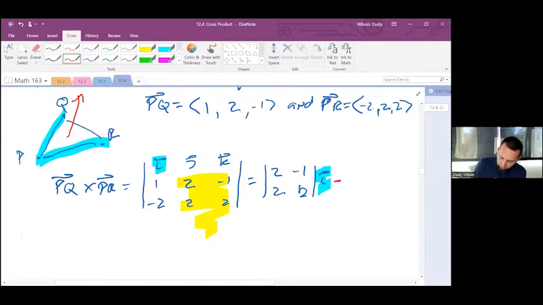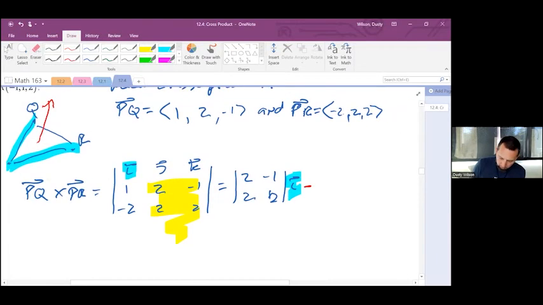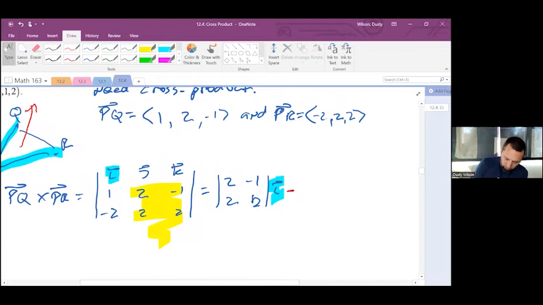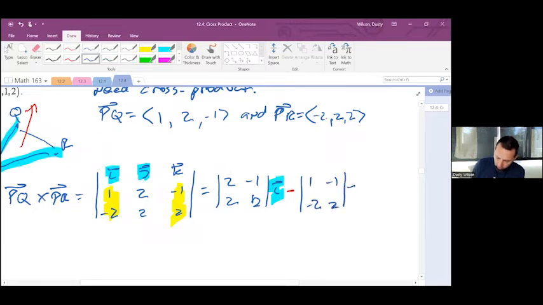Then minus, that's built into the formula, the determinant of 1, -1, -2, 2 times j.